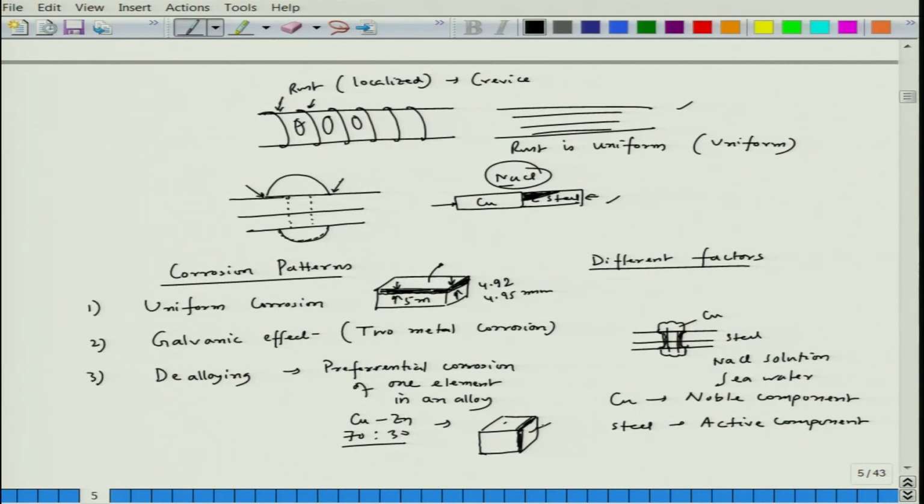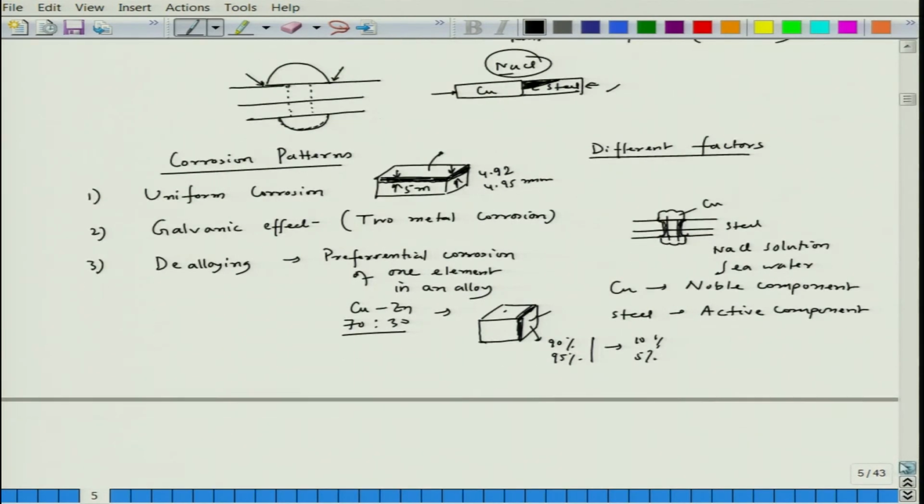Here it will be very red like, because the copper content goes up to around 90%, even 95%, and the zinc content decreases to 10 to 5% from 30% zinc. So, that means zinc is preferentially going into the solution and copper stays back. This is dealloying. So, we will have other examples also in case of dealloying.